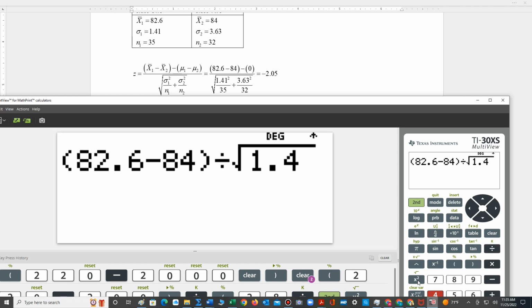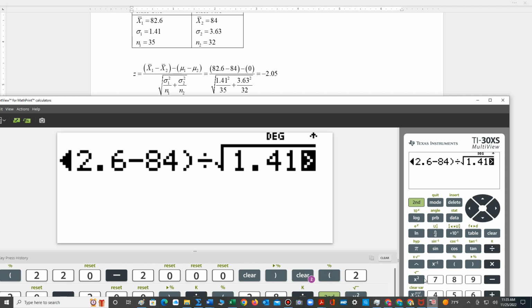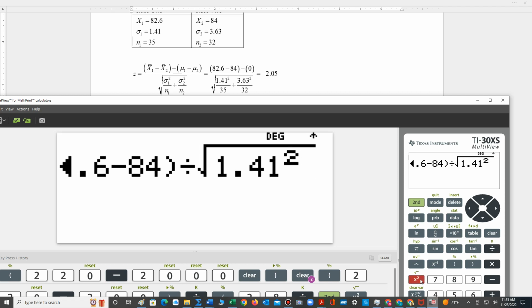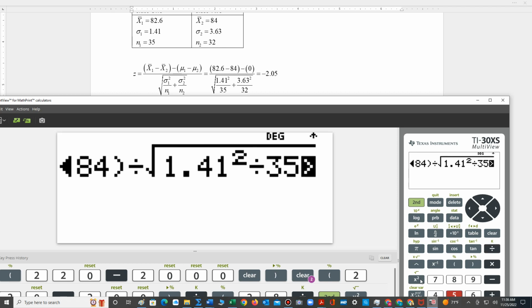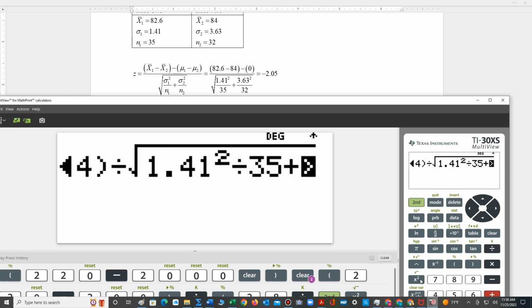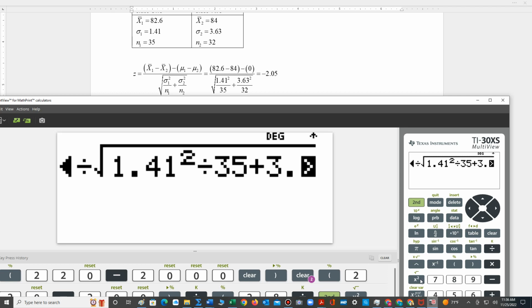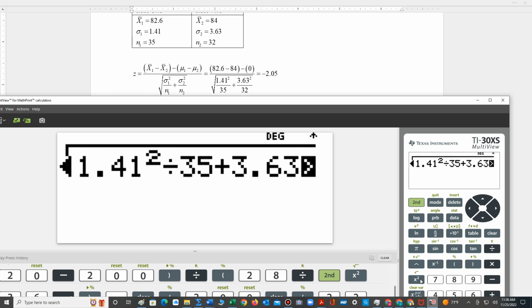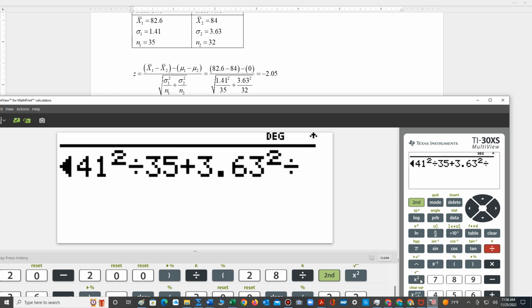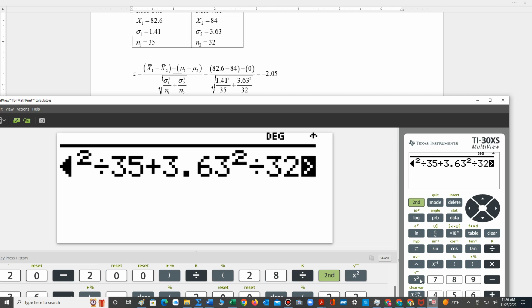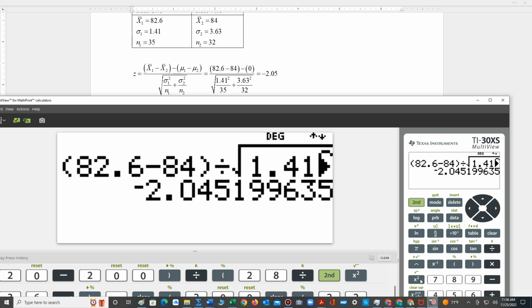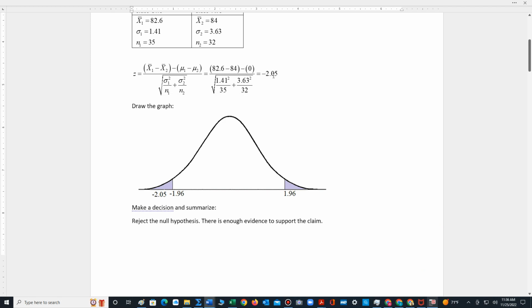So we have 1.41 squared divided by 35 plus 3.63 squared divided by 32. Select enter and we have negative 2.05 as the test point.